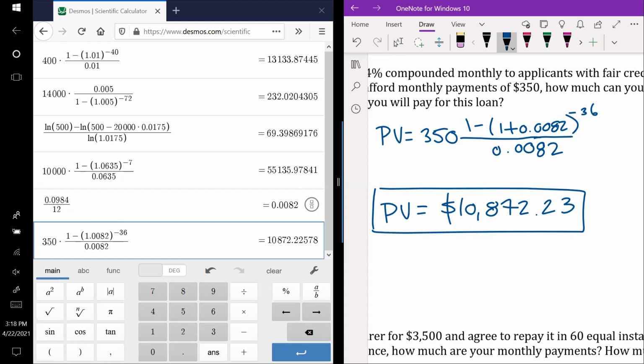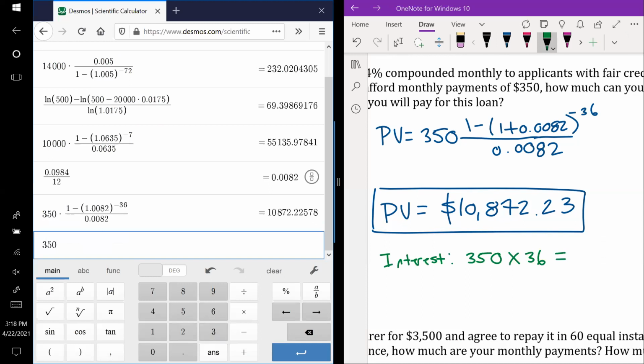Okay. But then it says, how much interest will you pay for this loan? Well, if we can get this loan, our interest, let's see. So to find our interest means we're going to do $350 payments for 36 months.